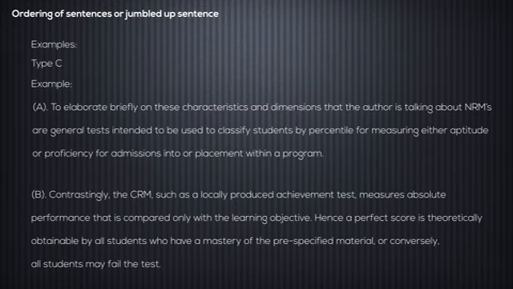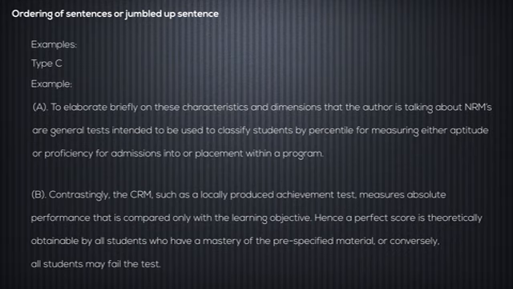Type C. Example. A. To elaborate briefly on these characteristics and dimensions that the author is talking about, NRMs are general tests intended to classify students by percentile for measuring either aptitude or proficiency for admissions into or placement within a program.